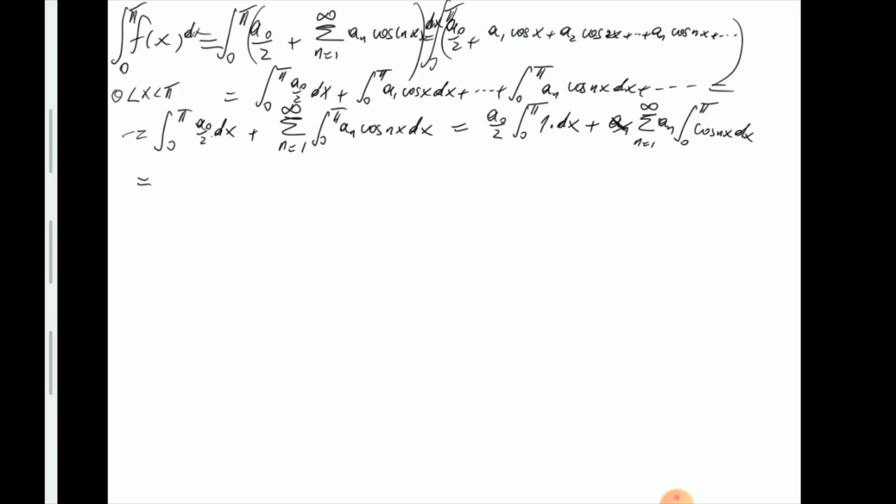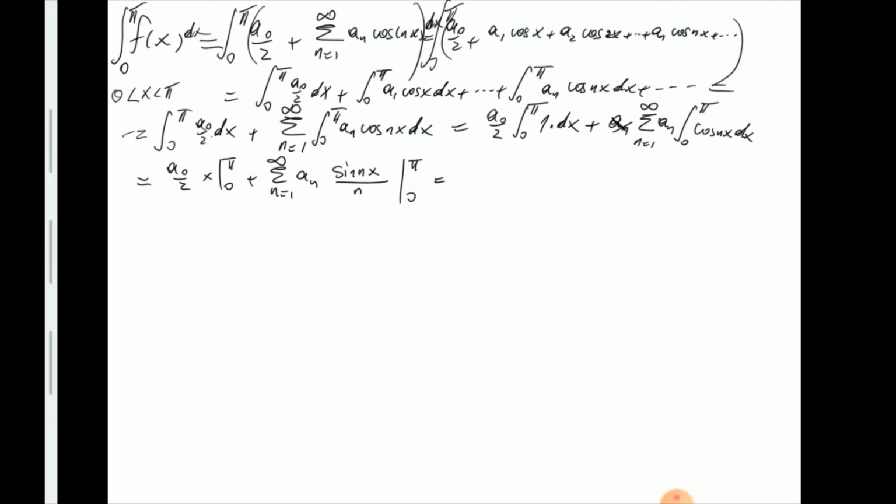All right, so the first integral will be x between 0 and pi. And then sine nx over n, right? So the integral of cosine of nx is sine of nx over n between 0 and pi.